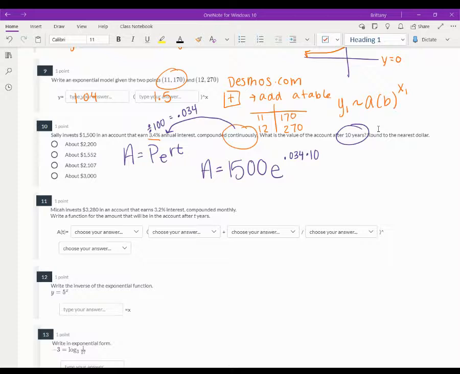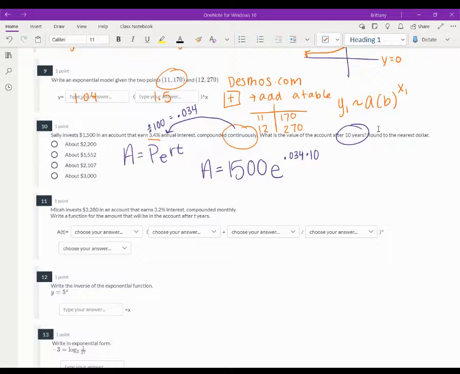Then I would just type that in a calculator. $1,500 times E, remember, is second divide. There's a little E above it in blue.